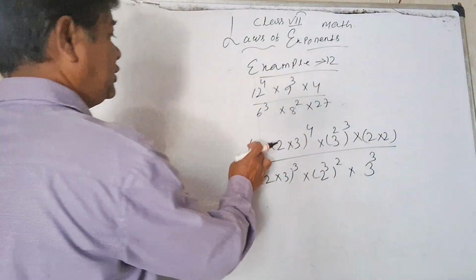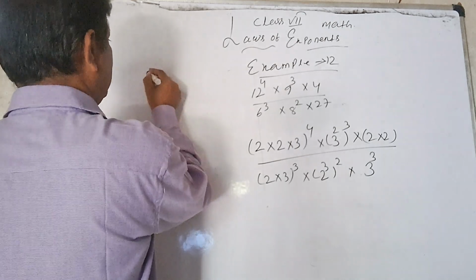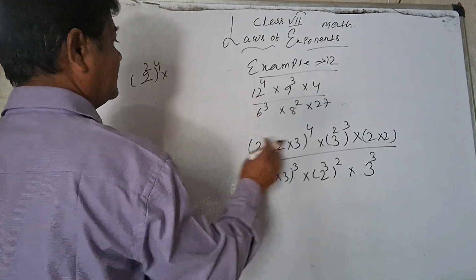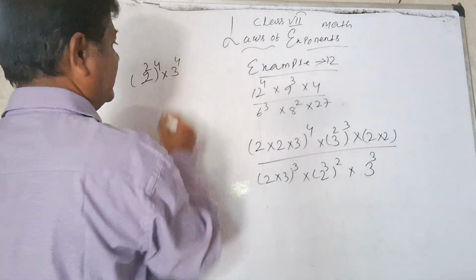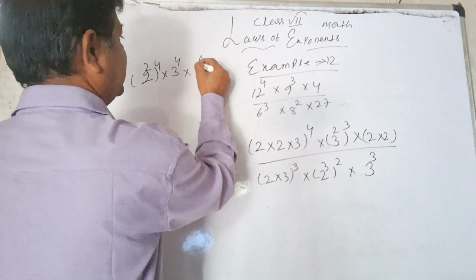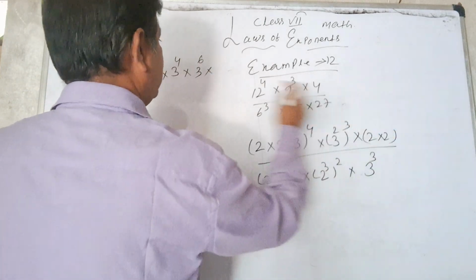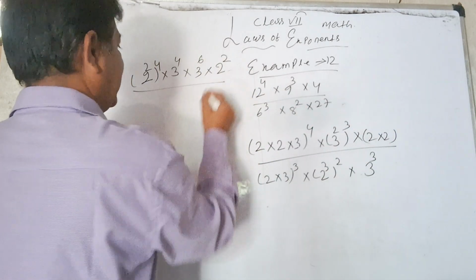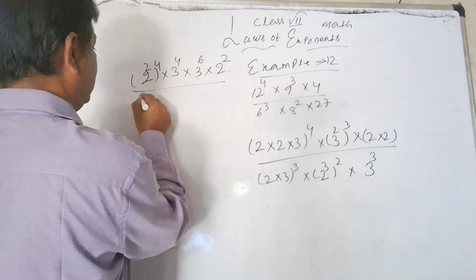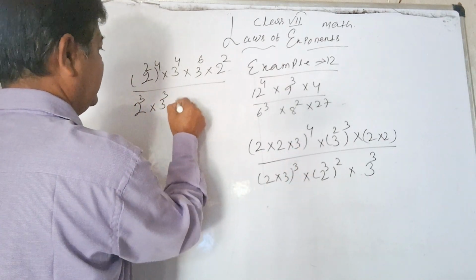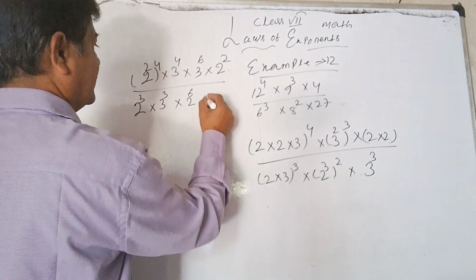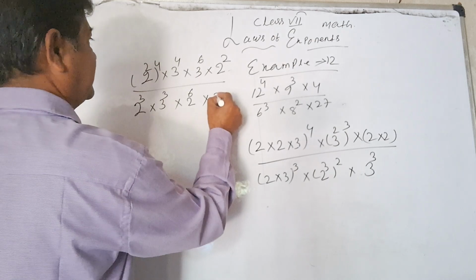Now, it is 2 into 2, 2 to the power 2 whole to the power 4, into 3 to the power 4. Similarly, 3 to the power 2 to the 3 is 6, into 2 into 2, 2 to the power 2, divided by 2 into 3 to the power 3, means 2 to the power 3 into 3 to the power 3, into 2 to the power 3 to the 6 into 3 to the power 3.